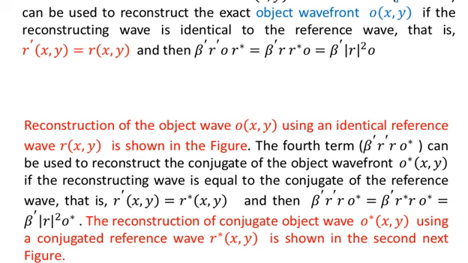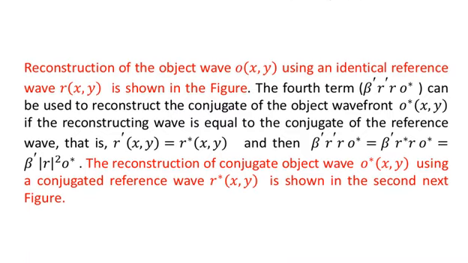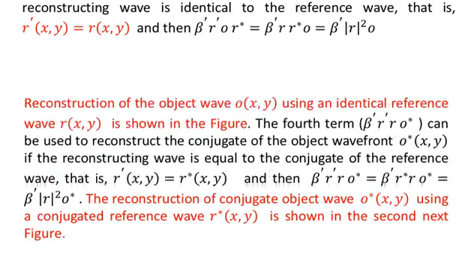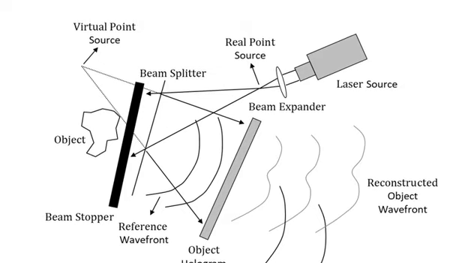So r star and r are replaced by r mod square, and you have beta prime, r mod square multiplied by O star. Since r mod square is constant and beta prime is also constant, O star will be reconstructed. The reconstruction of the conjugate wave O star using a conjugate reference wave r star is shown in the next figure. So let's first discuss the reconstruction of the object O as shown in this setup.